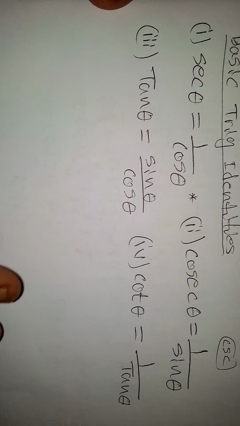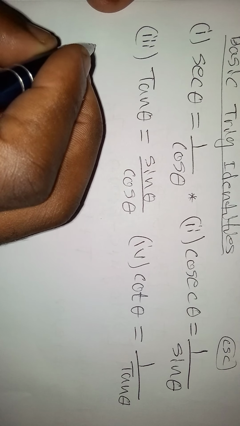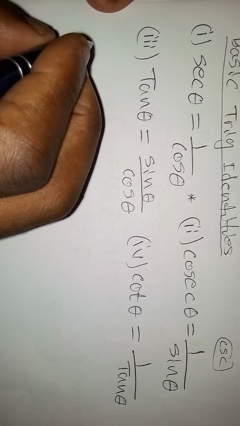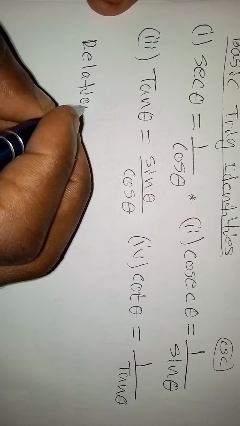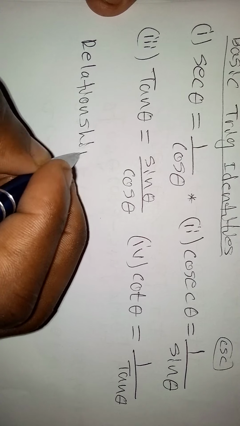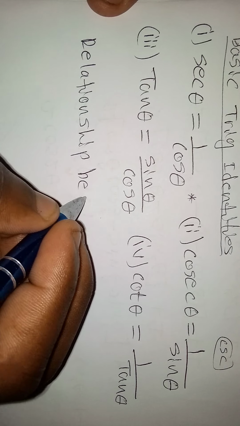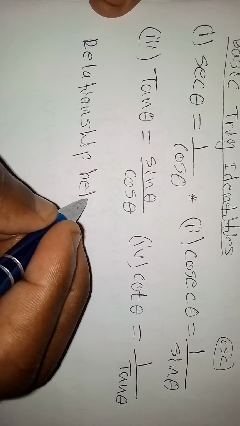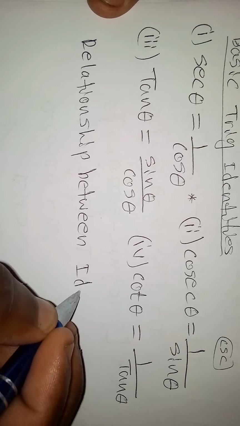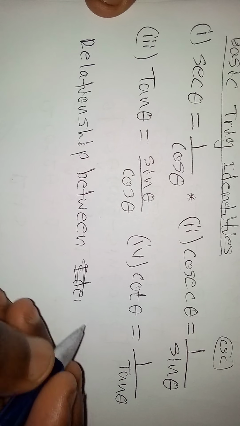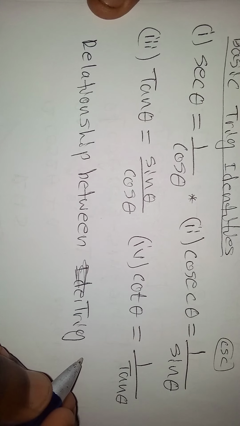Okay, so the second type of identities, we call them the relationship identities between trig functions.